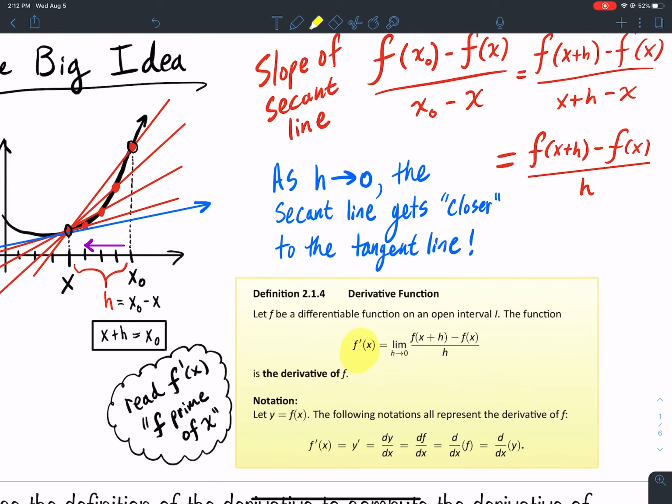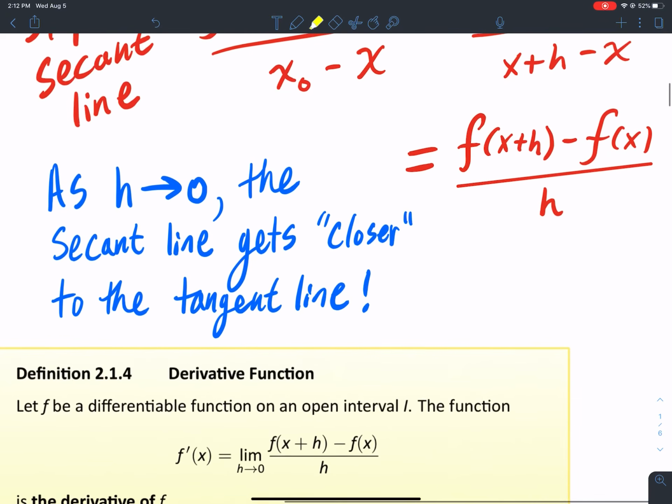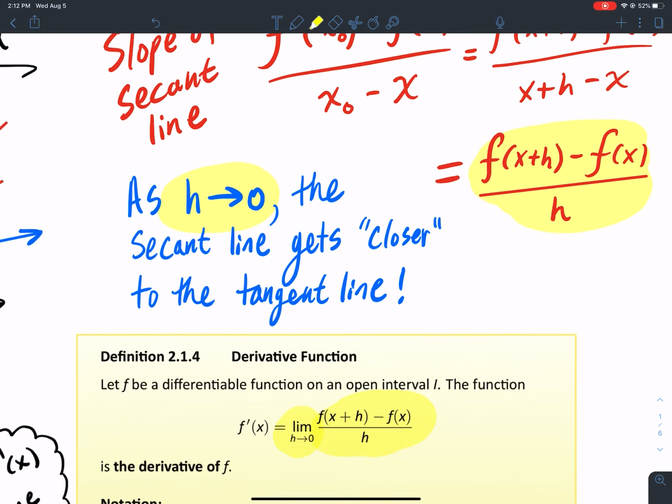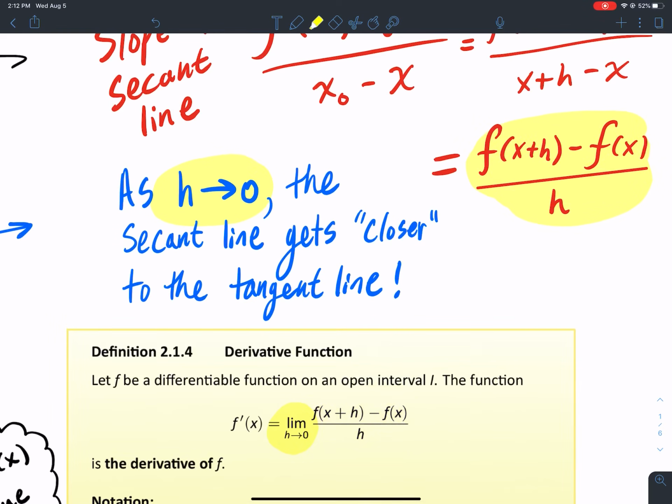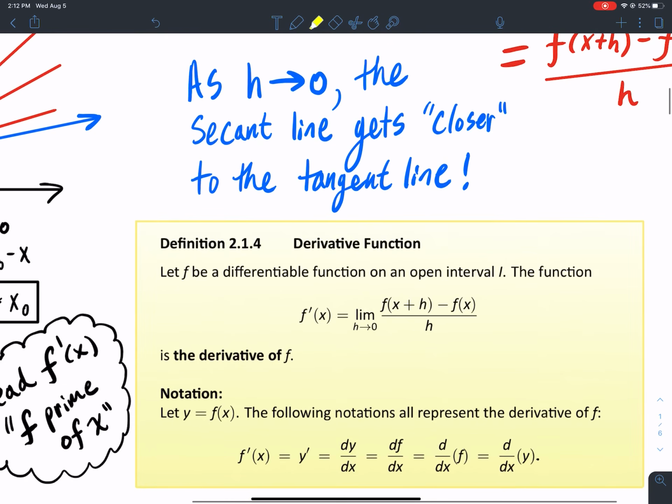So that's f prime of x is equal to, what is it equal to? The limit as h goes to 0 of the difference quotient right here. Okay, so that's why I wanted to show you that substitution, so it's not like, well, where in the world did that come from? Okay, I want you to understand where these pieces came from, right? This is the derivative of f.